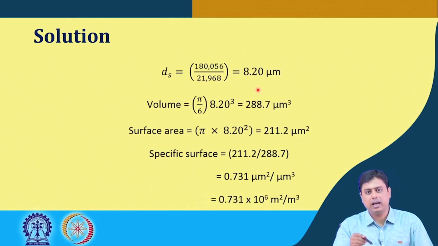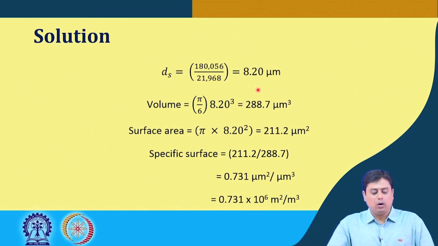From this surface mean diameter, considering that all the particles are spherical with that similar diameter, you can easily calculate its volume and its surface area. Surface area divided by the volume, which is the surface area per unit volume, is the specific surface for this problem.